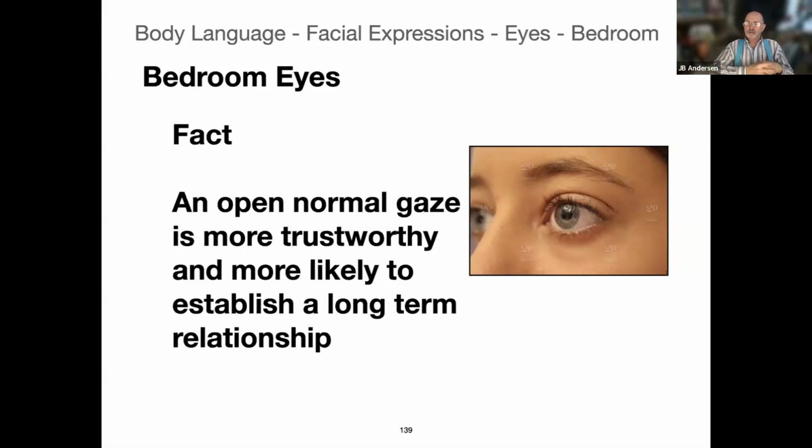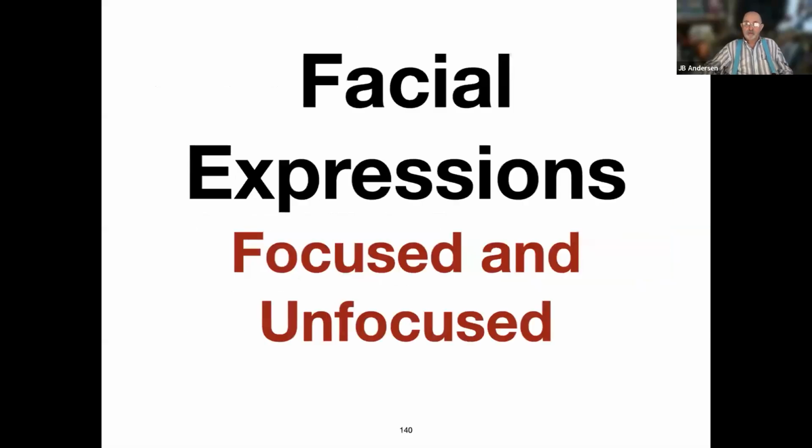People, without realizing it, kind of half close their eyes when they like somebody, because they want to make themselves look better. But the fact is, it leads to suspicion. A wide open eye is a much better message sender to a person about likability.